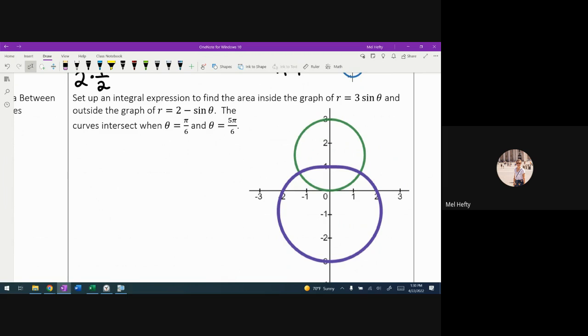What do you think? Which one's the green one? 2 minus sine. Ooh, we have an argument. You think 3 sine? The blue one? Oh. What graph are you looking at?